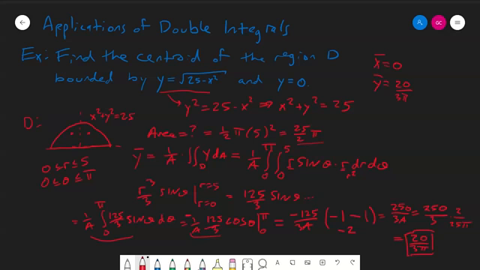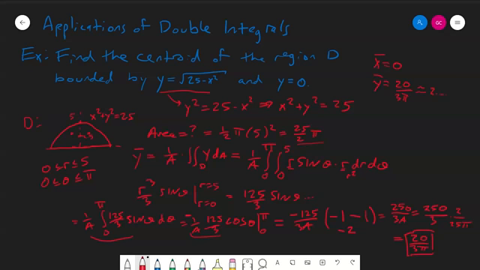It can be useful to sanity check our y bar here. So 3 times pi is a little more than 9, and 20 over 9 is 2 and some change. And if you look at your region, the highest point appears at a y value of 5. Exactly halfway up would be at 2.5.